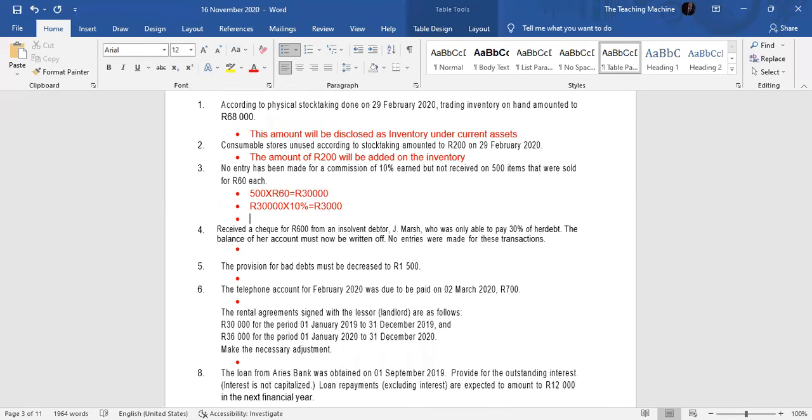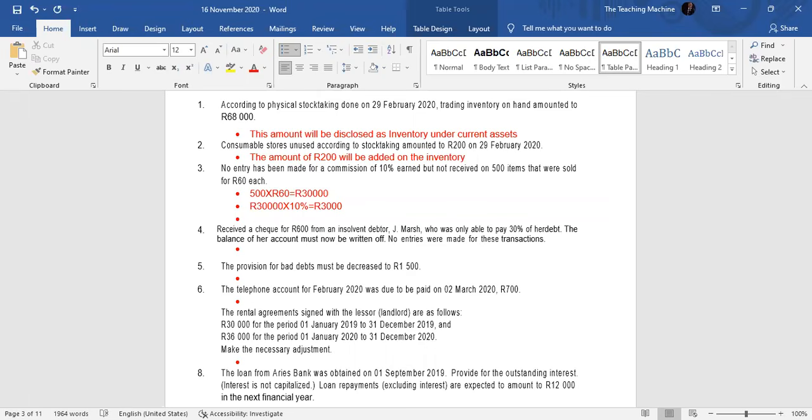In which section are we going to record these 3,000? First of all, we need to define commission income. Sorry, accrued income. We said that this commission income is outstanding. Now it should be classified as an accrued income. What type of account is accrued income? It's an asset. It's a current asset.